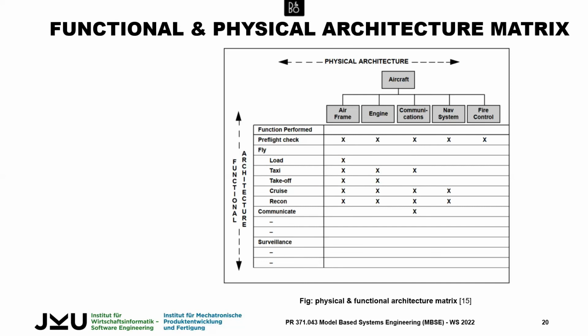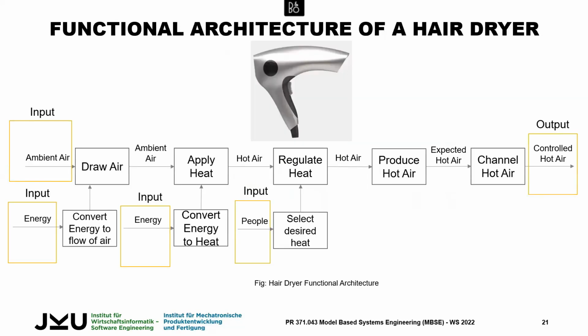Okay. So now this is the thing we wanted to do. This is the functional architecture of a hair dryer. I hope you haven't forgotten the hair dryer. The first function is if we want to dry the hair.